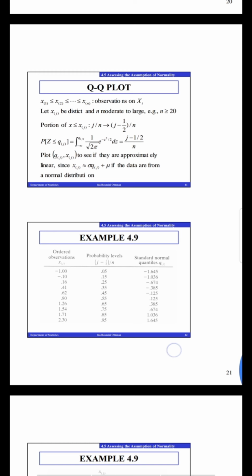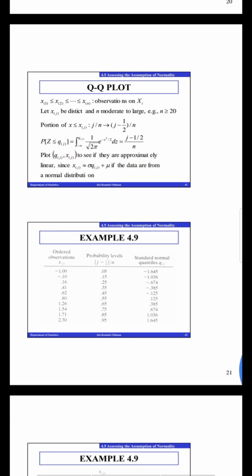So first of all, you need to order the observation. Our observation adalah x kan. Let's say we have only one x because of univariate.